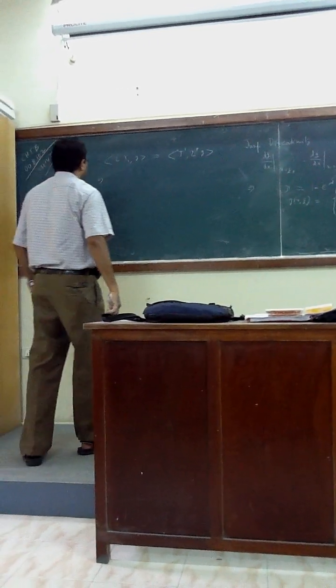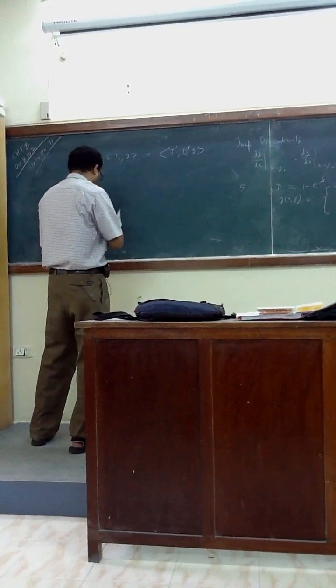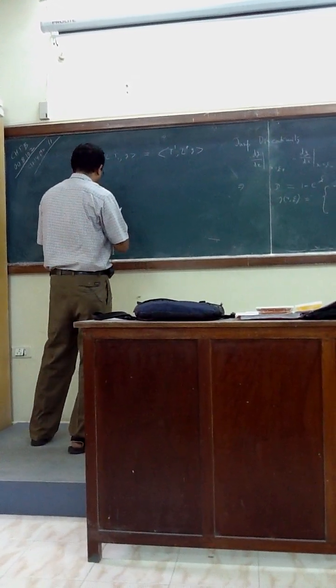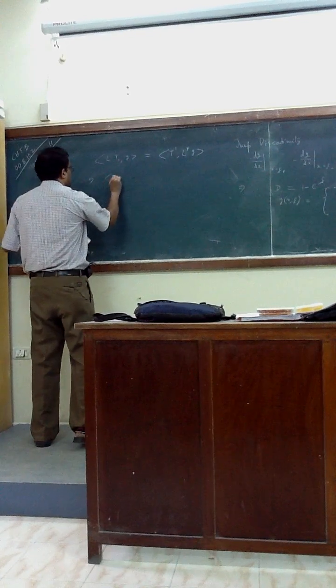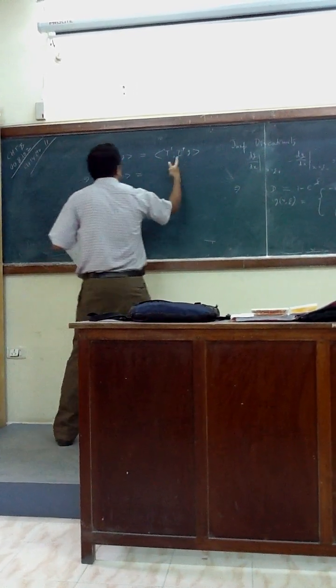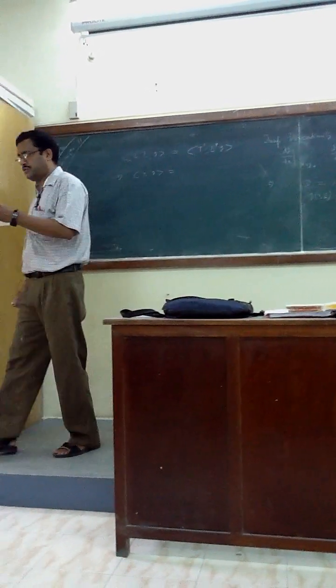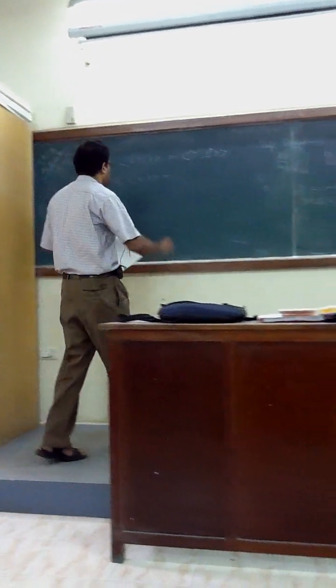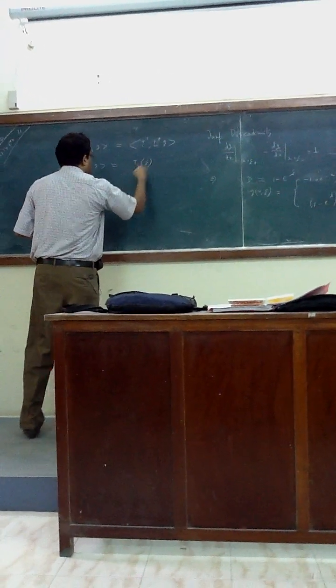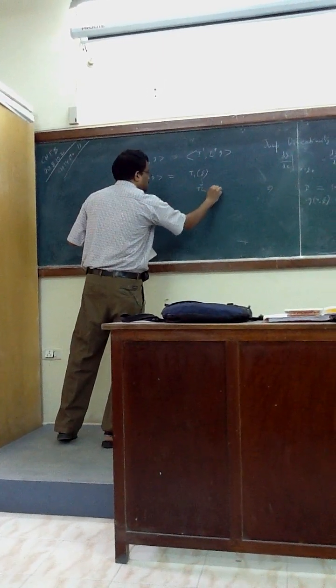L T1 is x, right? T1 L star G is delta x minus z, so it will be T1 z, right? This is a dummy value.